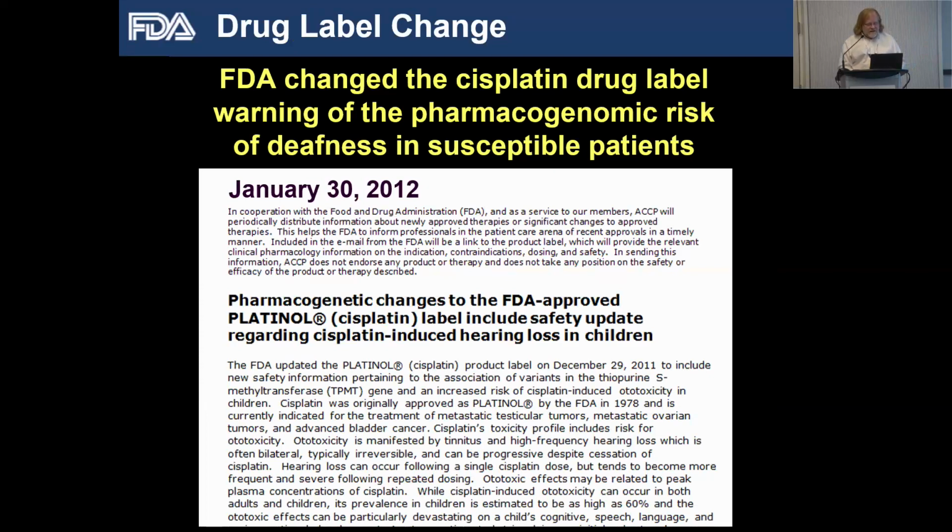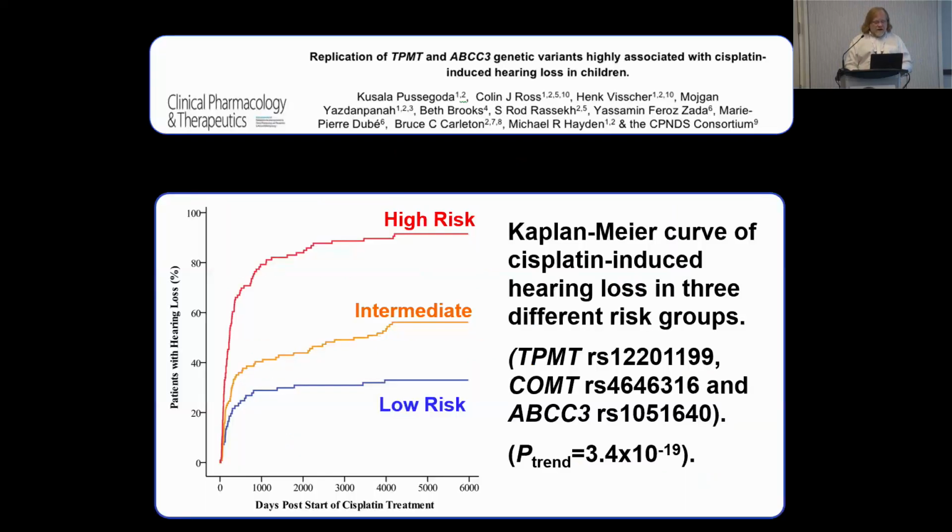They didn't accept the COMT results because they felt that the population was too small, which is fine. And then we began the process of replicating this study, thinking, let's look at an independent cohort of patients to see what we find. Well, guess what? We find different things. We found TPMT show up again, but we found ABCC3 as a genetic variant that was highly associated with cisplatin-induced hearing loss.